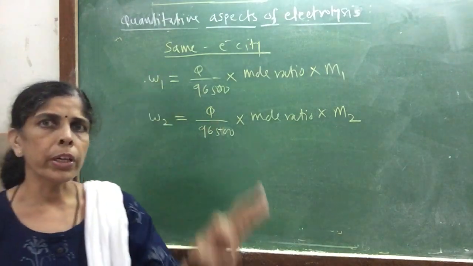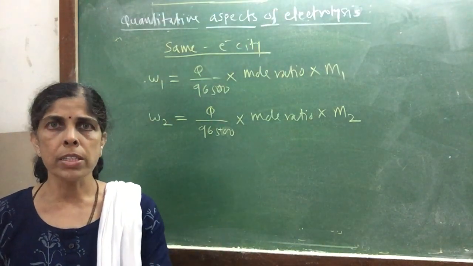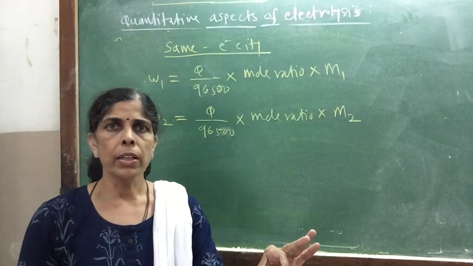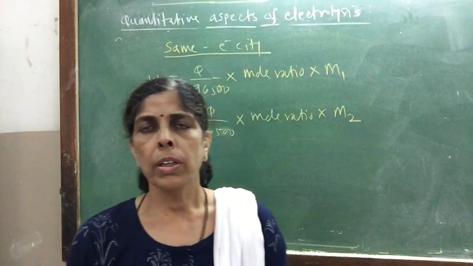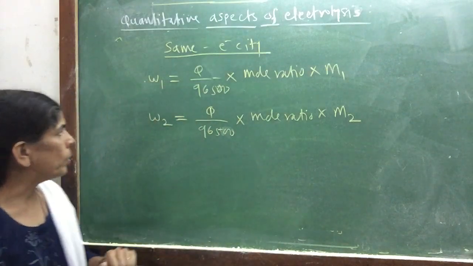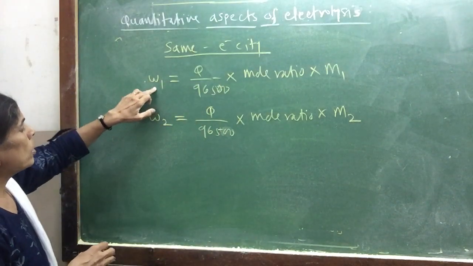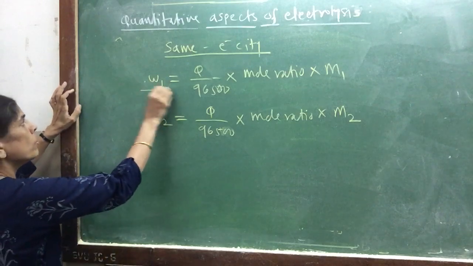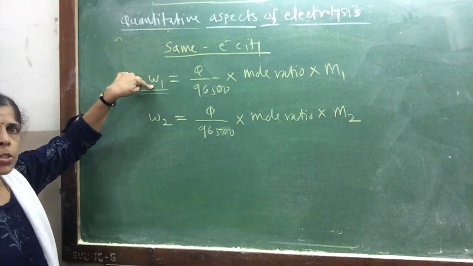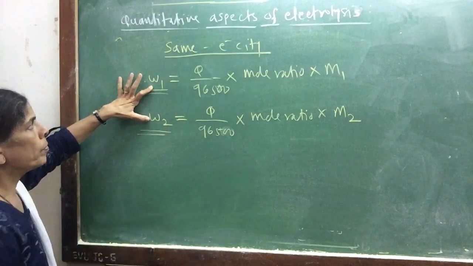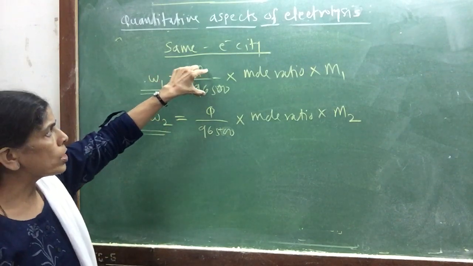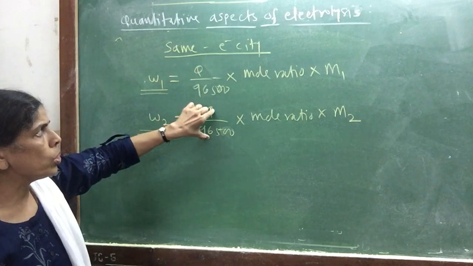We are passing the same quantity of electricity through both electrolytes, so the quantity of silver deposited and the quantity of copper deposited in the respective cells can be determined. W1 is the mass of the substance deposited in one cell, W2 the mass of the substance deposited in another cell, with the same Q upon 96500.